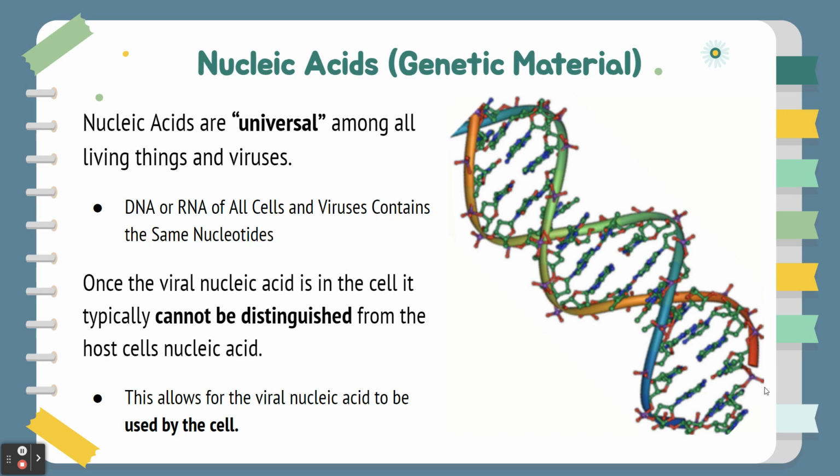Once inside, the viral nucleic acid can become integrated with the host cell's own genetic material. This can be so seamless that it's challenging to distinguish between the viral and host cell nucleic acids. The DNA or RNA of all cells and viruses contain the same nucleotides, and that allows the viral nucleic acid to be used by the cell without detecting an immune response.